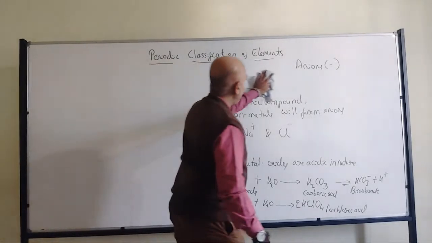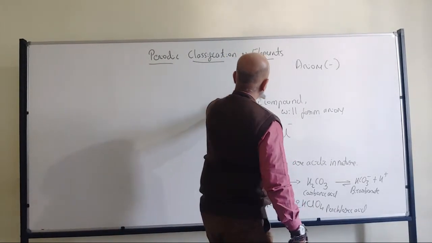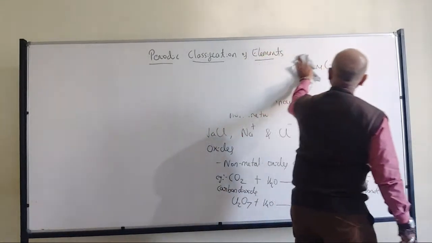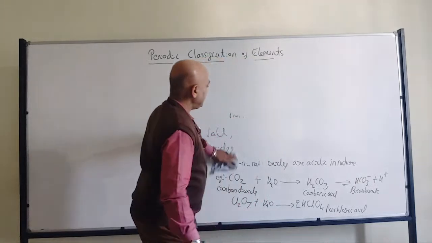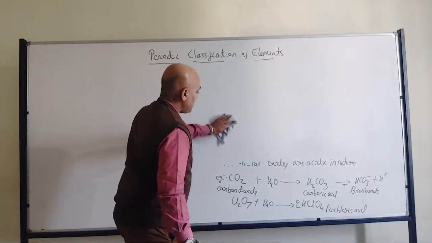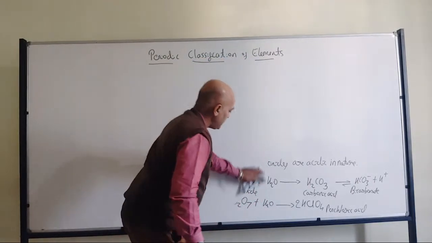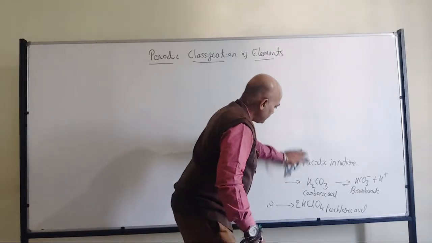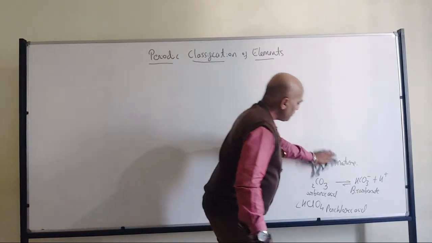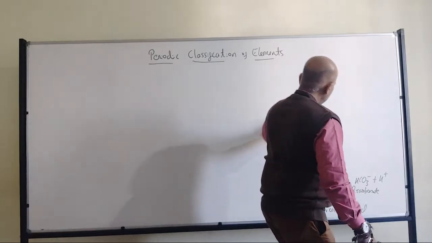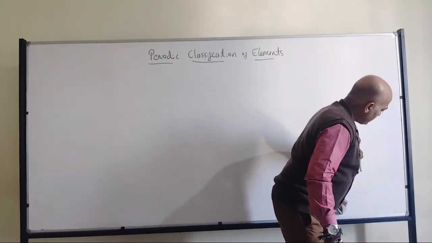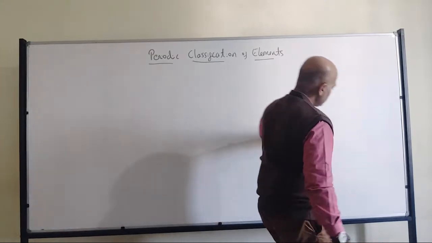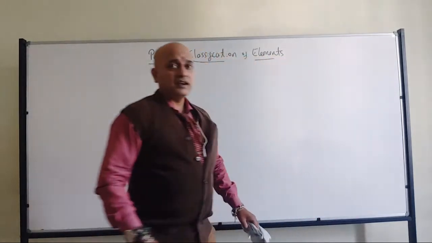We took the example of sodium oxide, which forms sodium hydroxide in water. Same way, carbon dioxide in water forms carbonic acid. Same way, chlorine oxide forms perchloric acid in solution. Okay?